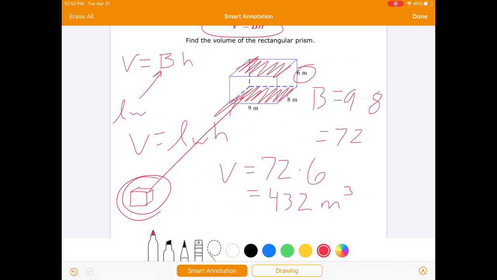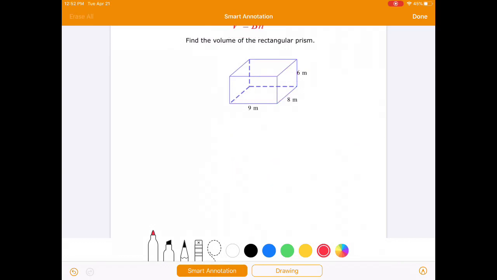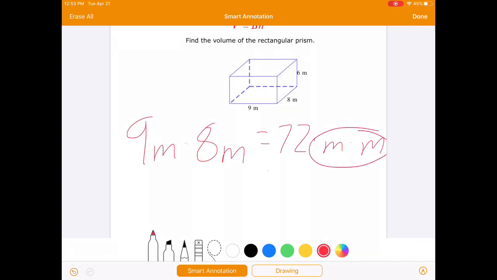That also being said, we can look at this mathematically as well. Every time that we multiplied these numbers, let me go ahead and erase this real quick. When we multiplied 9, we're actually taking 9 meters times 8 meters, which is 72 meters squared.